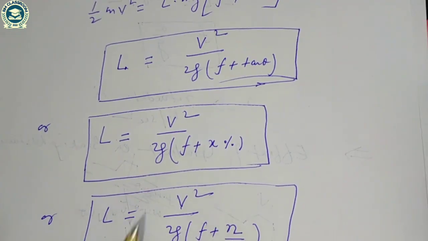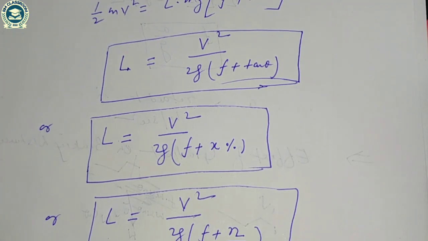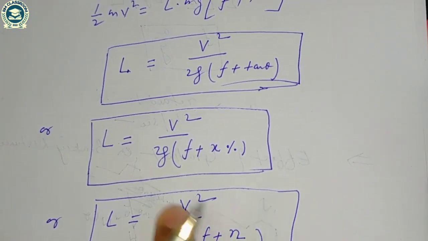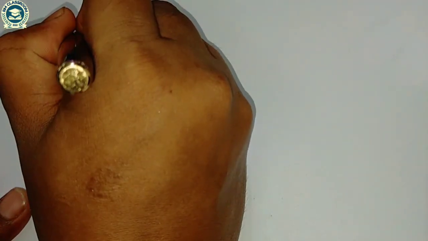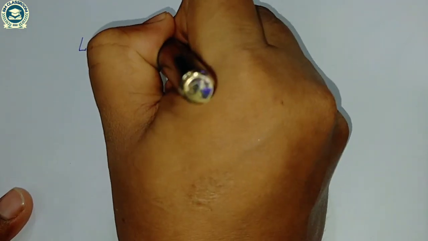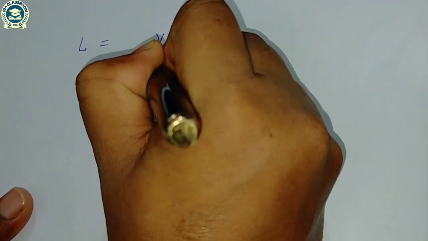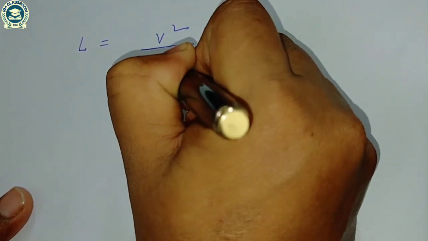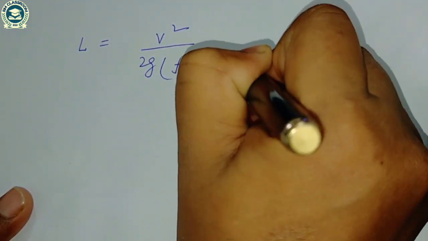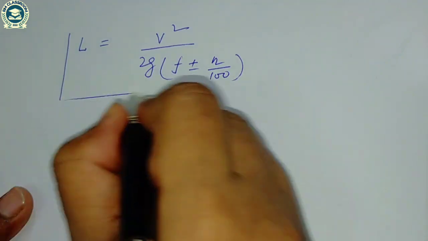So for up gradient I will use plus, and for the down gradient it will be negative. So the general formula for braking distance is L is equal to v square divided by 2g f plus minus n by 100.